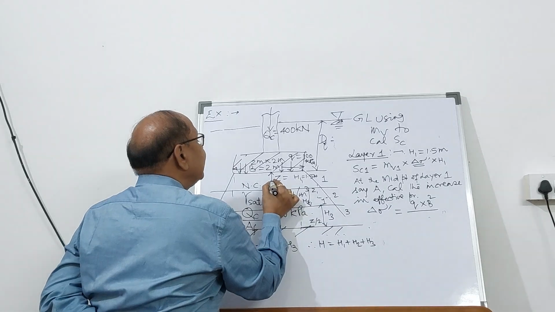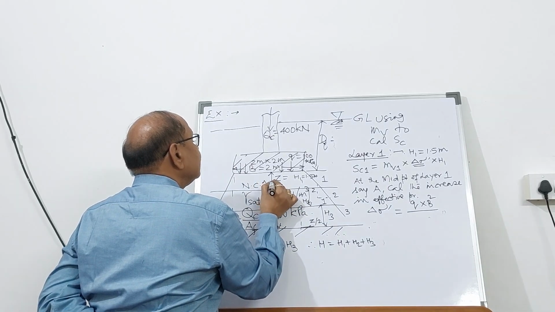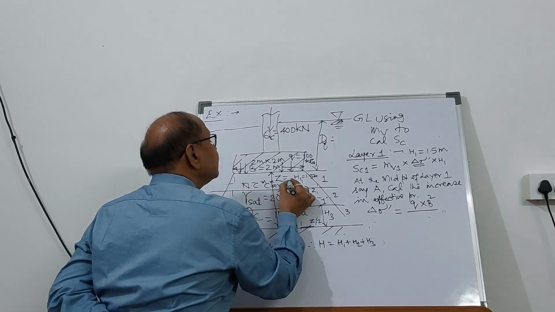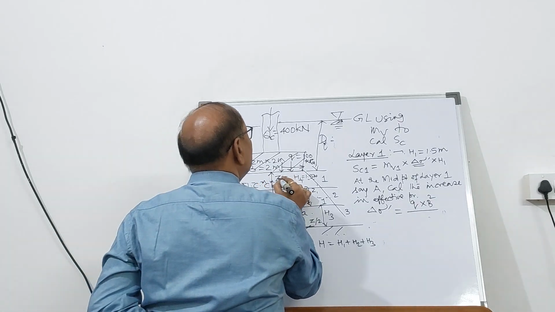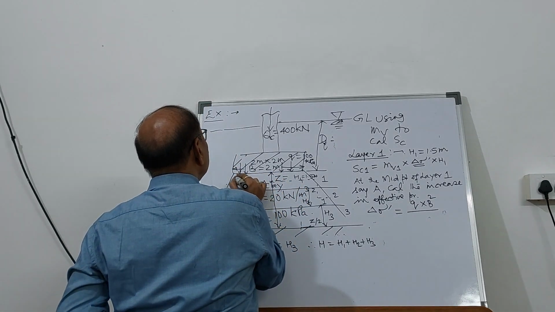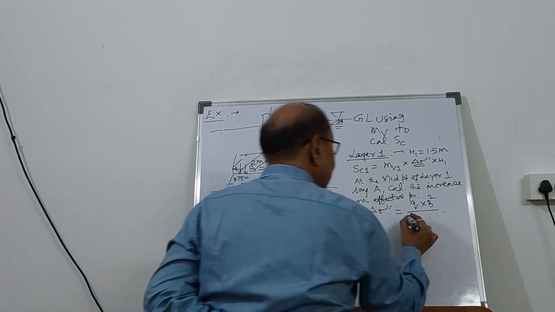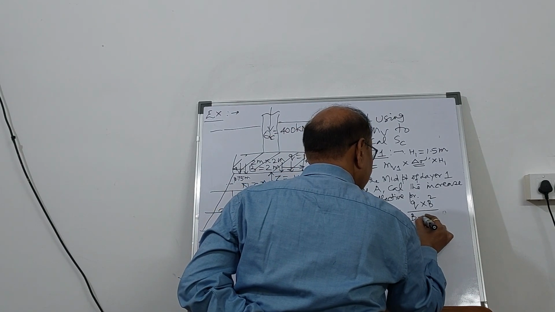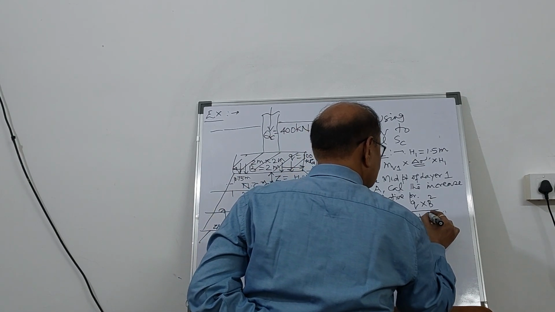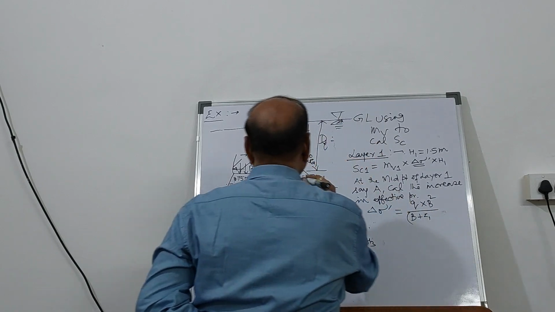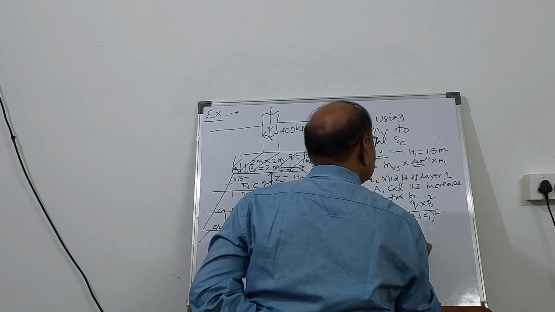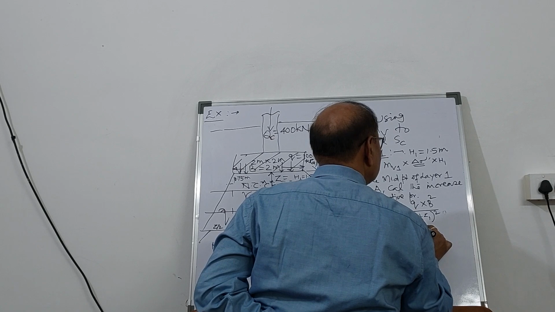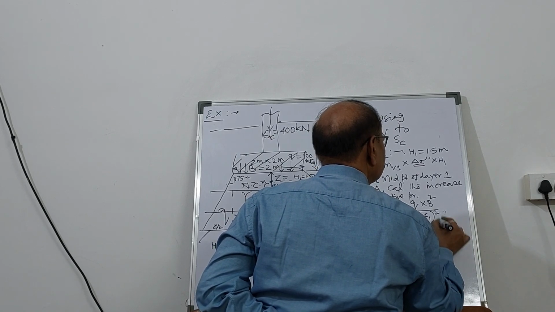Let's say the midpoint is A. At the midpoint, what is the depth? It is 1.5 by 2, so Z1 is 0.75 meter.